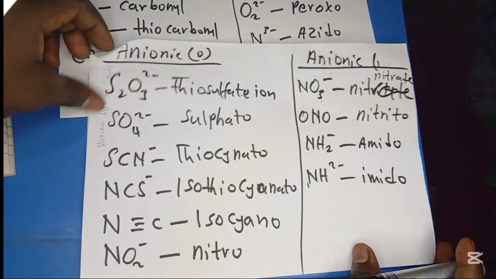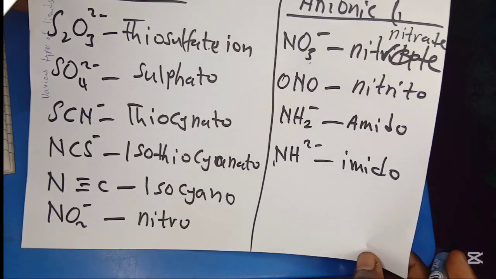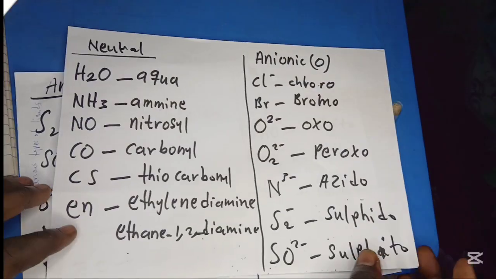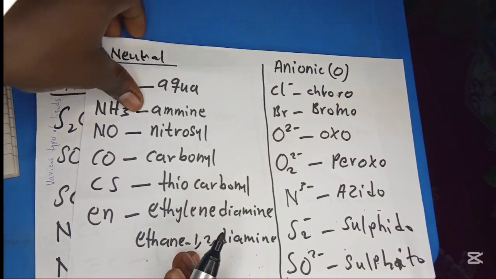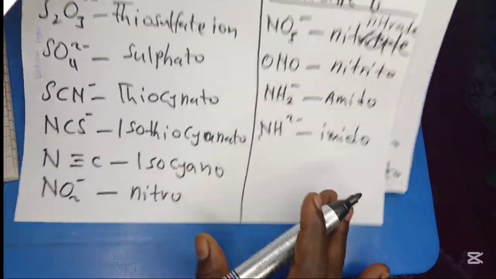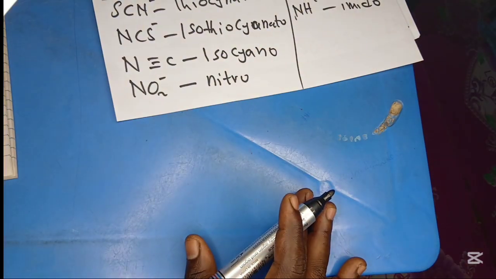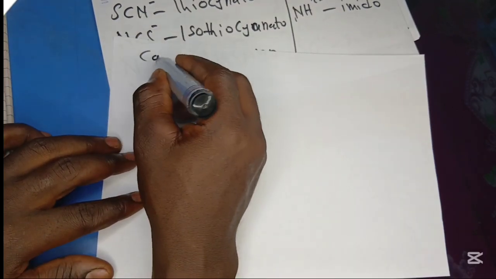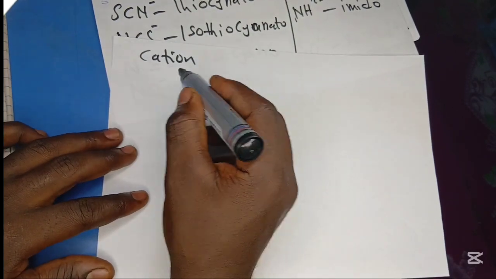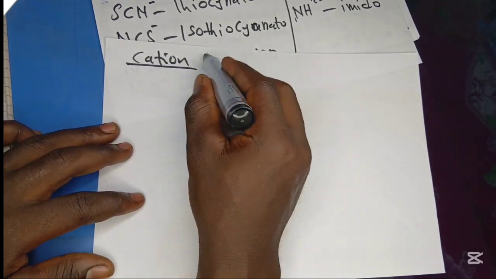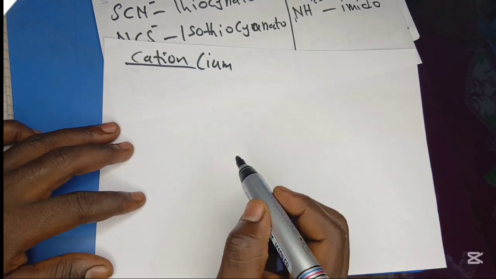So far we've named most of the anionic ligands and the neutral ligands. These are the neutral ligands and their names, and the anionic ones with their names. So let's look at the cationic ligands, those that are cations. I'll mention only a few of them. Their names usually end with the suffix ium.